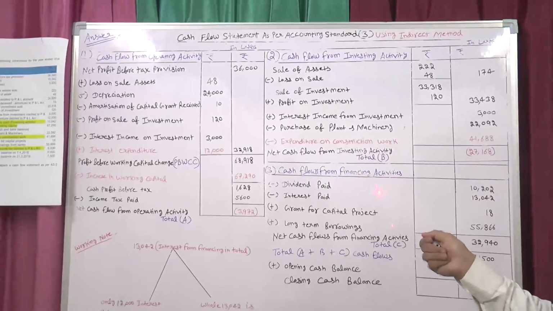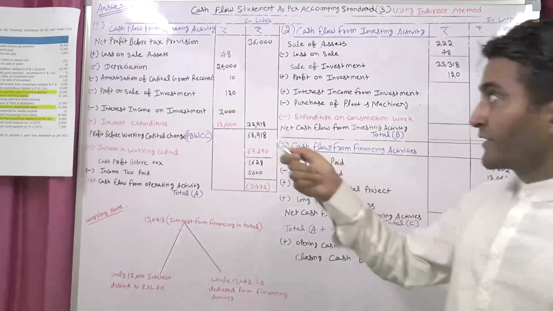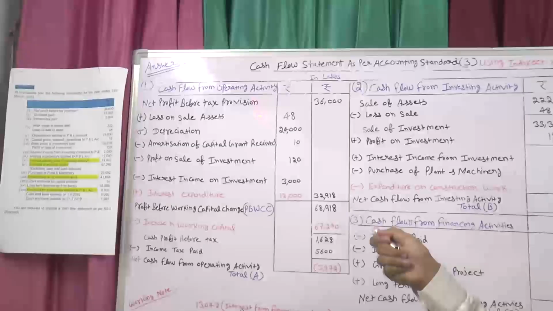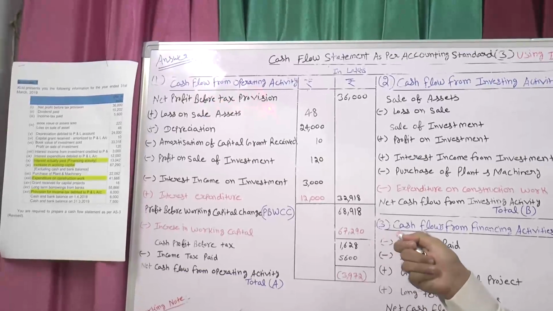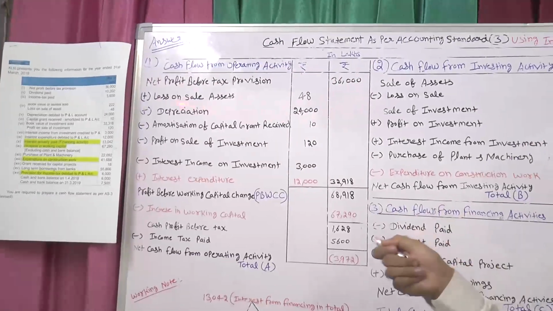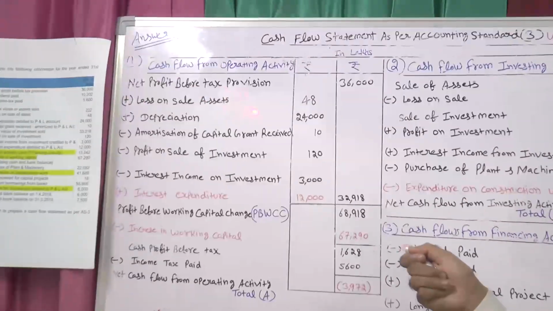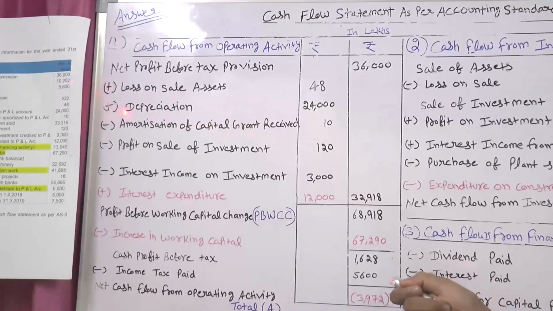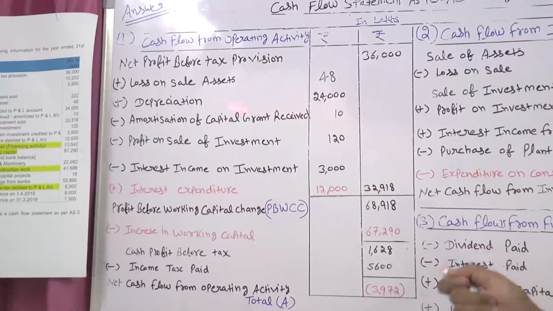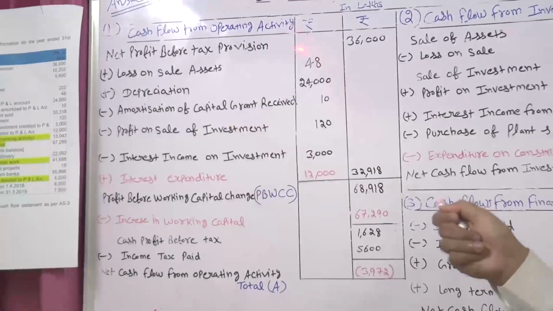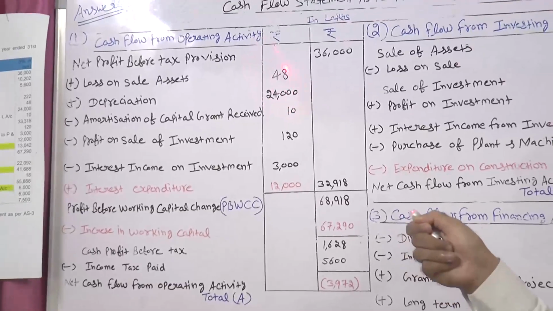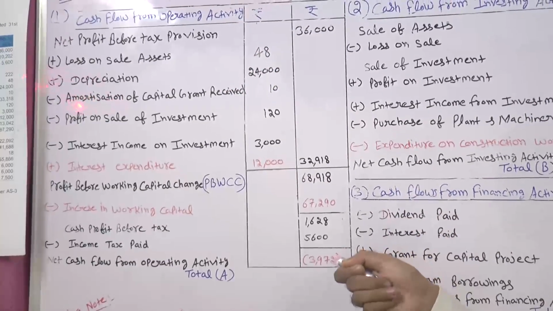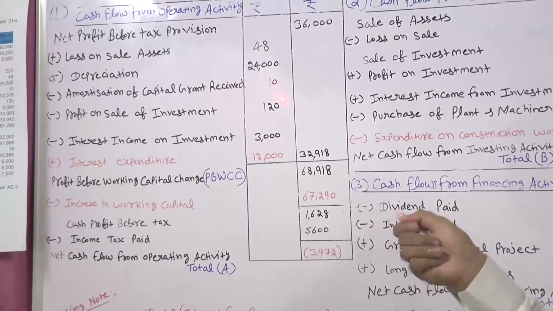So now we are doing cash flow from operating activity. Net profit before tax provision 36,000. Add loss on sale of assets 48. Then add depreciation 24,000. Both of these items are non-operating expenses, so that's why we are adding. Next is amortization of capital grant receipt 10.